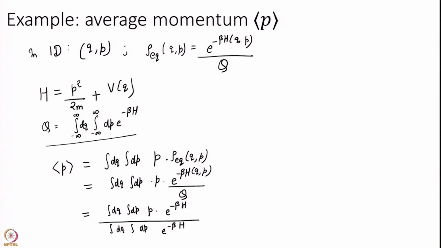Q is a number, so I have taken it out of these integrals and substituted Q equal to integral dq integral dp e to the power of minus beta h. In all of these places I have limits from minus infinity to plus infinity. So, how do we calculate this? How do we simplify this?